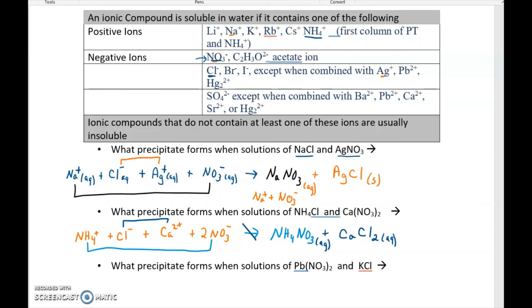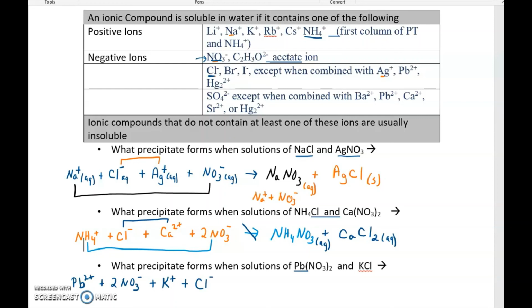Okay, lead nitrate will form a positive lead ion plus 2 nitrates. Those of you who are paying attention will notice I'm not paying too much attention to balancing these reactions. Potassium ion and chloride ion.